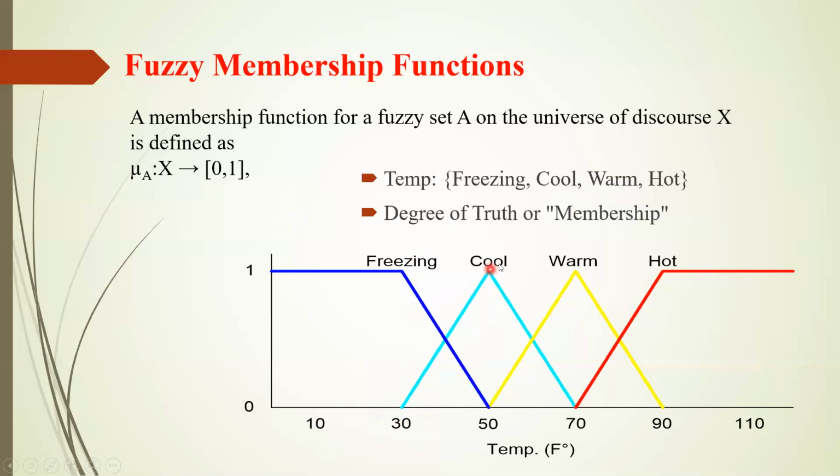Similarly, cool values may be in the range of 30 to 70. Warm values can be 50 to 95 Fahrenheit, and hot range starts from 70 to 110 and so on. So this is the linguistic variable, and these are its linguistic values having a range of possible values.